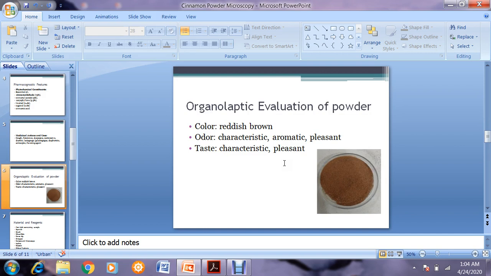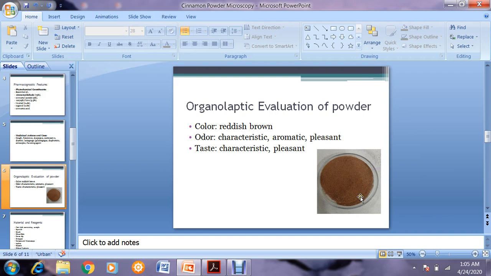So first of all, whenever you are given a powder for powder microscopy, you have to perform its organoleptic evaluation. But since it is available in ground form, we can only check the color, odor and taste of the sample. Regarding the color, it is almost reddish brown.